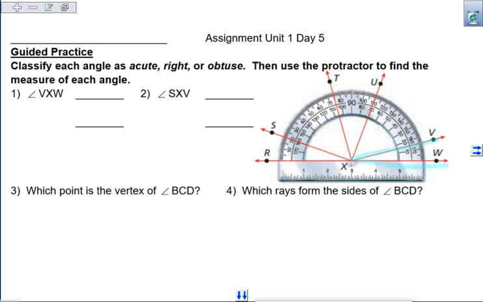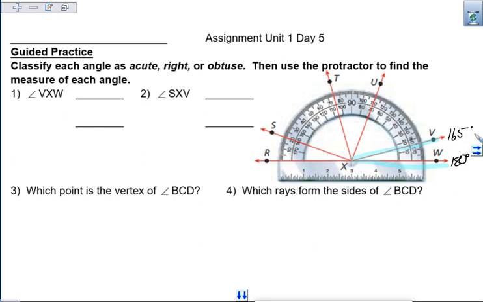Then we need to look at where those rays are. So XW, the baseline, is at 180. Where is XV at? This one's actually halfway in between them, so it's at 165.